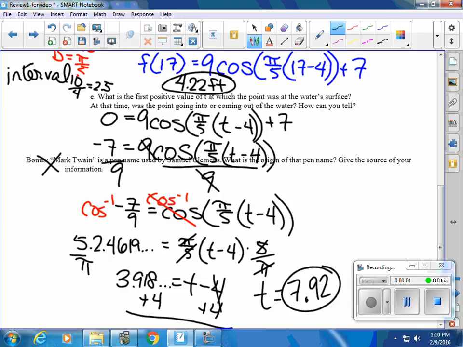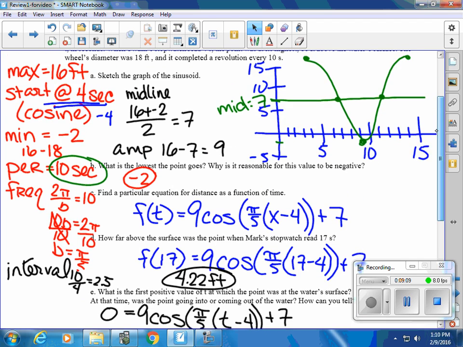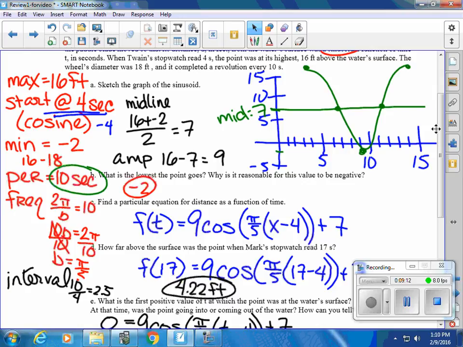7.92. Okay, now if I look at that, look at the question. It was the first positive value of t at which the point is coming out of the surface of the water. Okay. So if you look at 7.92, we've got almost 8, right? So my drawing wasn't that great.